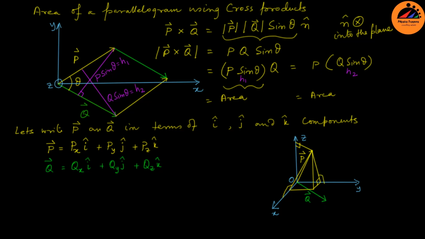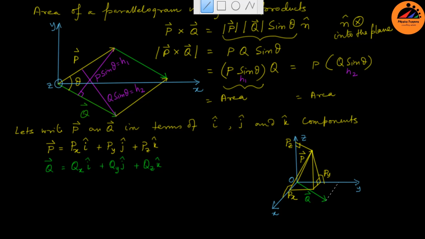Similarly, you will draw perpendiculars from the tip of Q to x, y, and z. Here you are getting pz, here you are getting px, and here you are getting py. Very similar, you can draw perpendiculars. Let me drop them, that will help you.